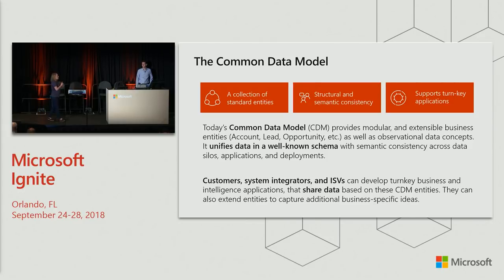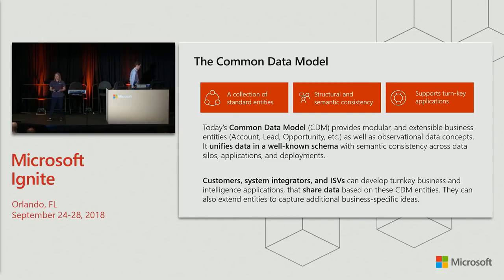And this collection of schemas brings things together in a well-known and defined format that allows the same data to have the same meaning across all of these applications and deployments. So having the same semantic or meaning despite where the data came from and where it's ultimately being used in the applications.